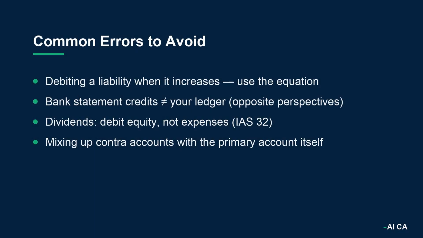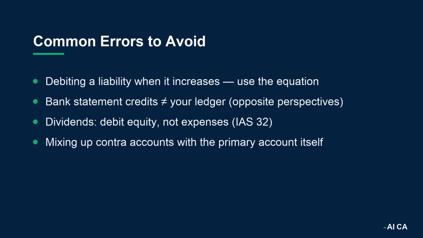The most frequent errors in practice come down to three patterns. First, debiting a liability instead of crediting it when it increases, usually because someone is working from memory rather than the equation. Second, getting confused by bank statements.